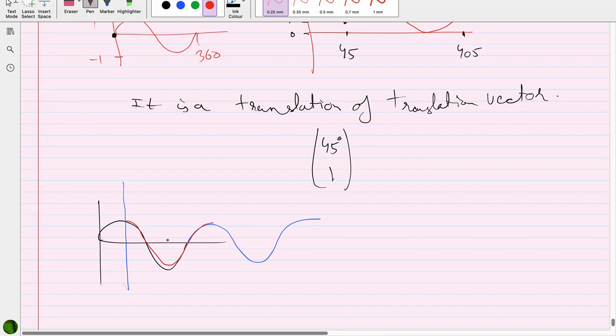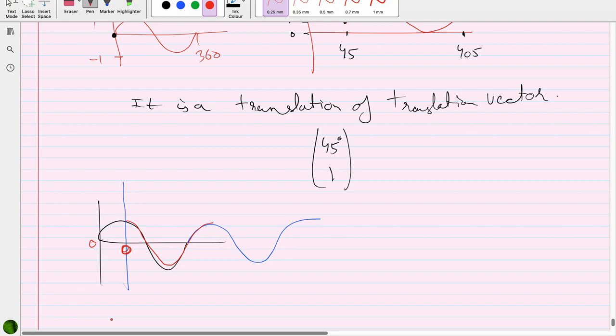But if it is labeled, suppose this is 0 here, we know the sine graph starts from 0. If you label 0 on the next stage, we know that the cos graph starts from 1. So whenever you are given sufficient information, you will always be able to identify. If the information is missing, the question would be easy.